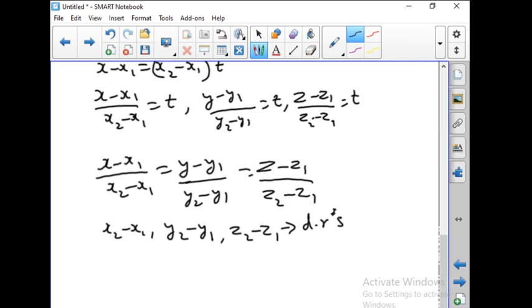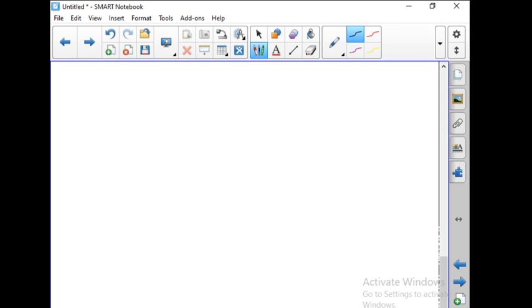So these are given by any three numbers proportional to them, and in particular we can also take x1 minus x2, y1 minus y2 and z1 minus z2. Remember, all this we will be using in doing problems.